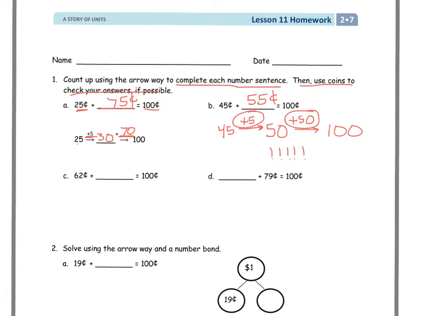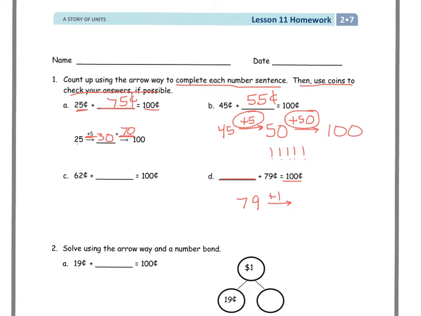Same thing down for D, and then I'll leave C open for you. I'm starting with a blank, so something plus 79. So I'm going to try to get from 79 to 100. And I know my first step is to try to get to my next 10. So I'm at 79.